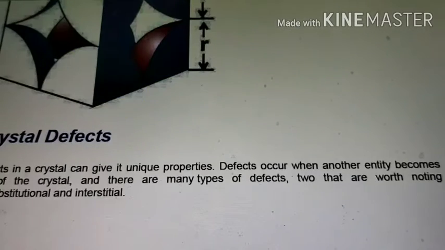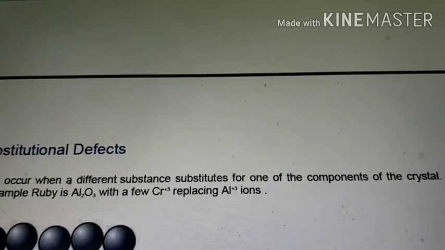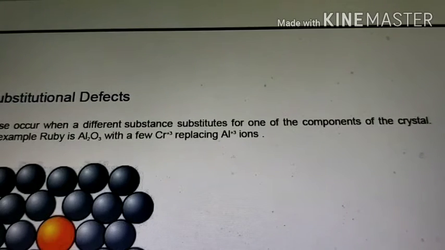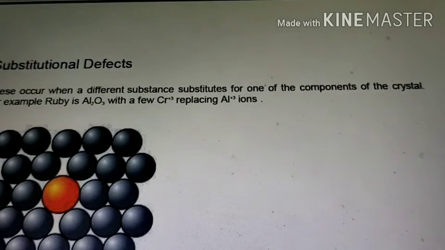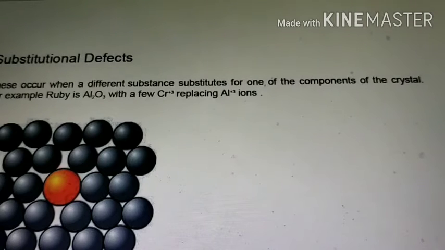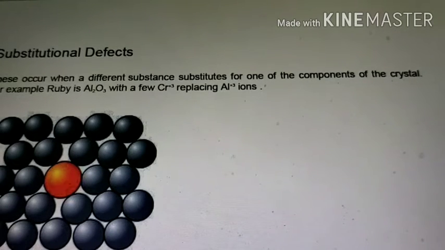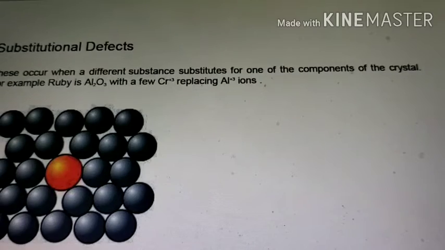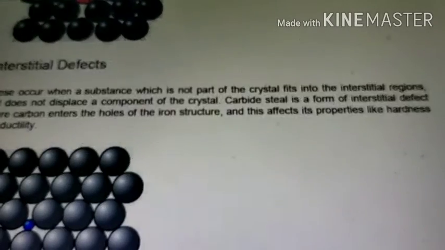And today we are going to see the various crystal defects. It may be called defects or imperfections. Whenever an atom is displaced from its position, there is said to be some defect. This may take place at a particular point, a particular line or a particular plane.